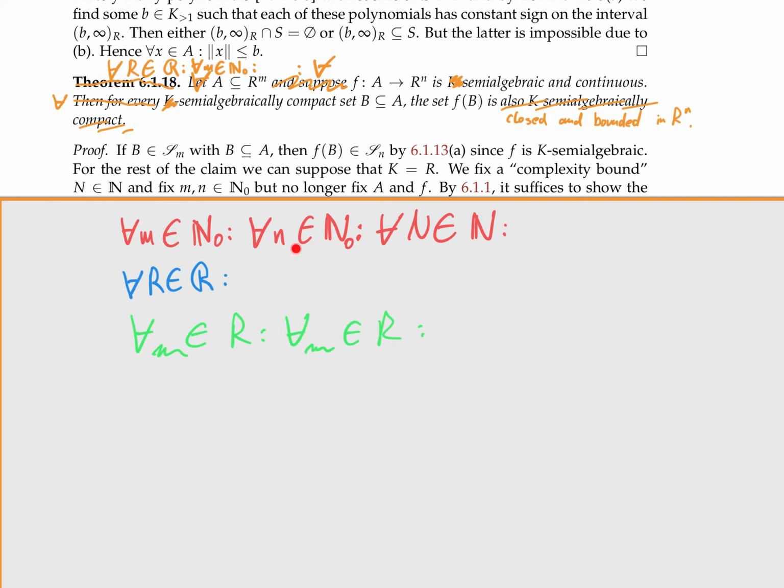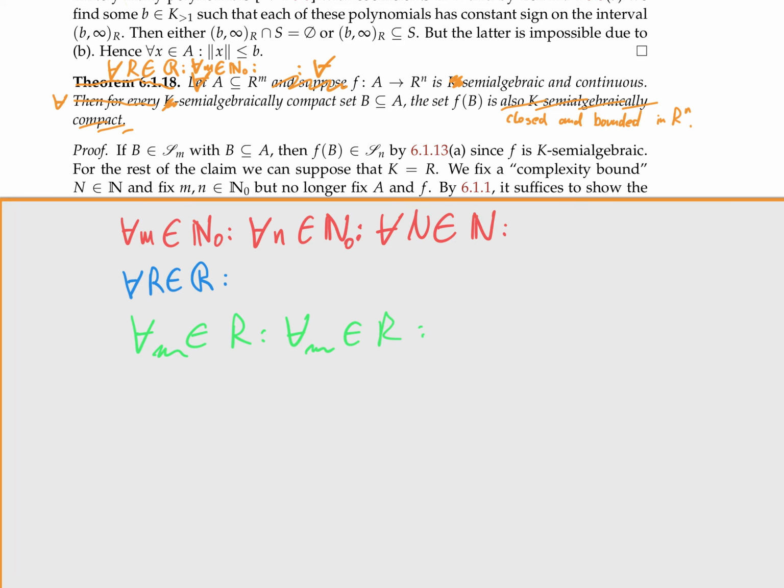So this will be handled by fixing the things and doing the proof for each fixed m, n, and n. I mean the reduction to the case of real numbers for each fixed m, n, and n. And then this will be handled by just looking at the class of all real closed fields that satisfy the thing. And these quantifiers, etc., all that comes here, which I did not show you yet, will be handled by real quantifier elimination. So this is also not a problem. Okay.